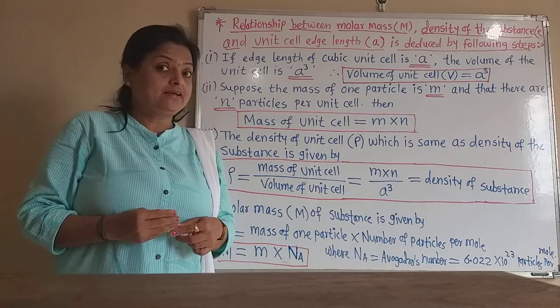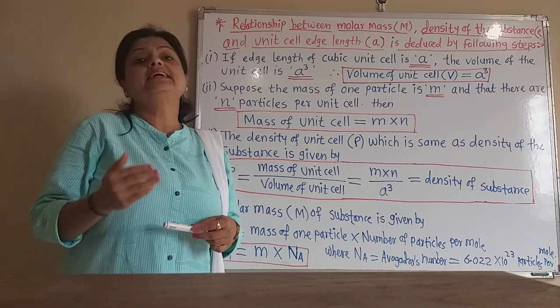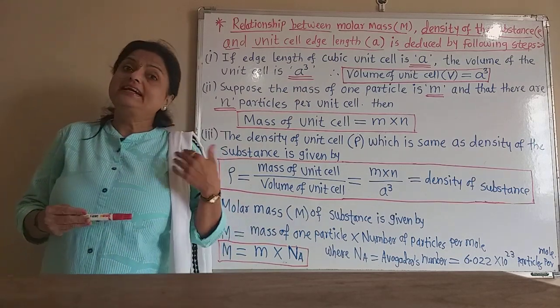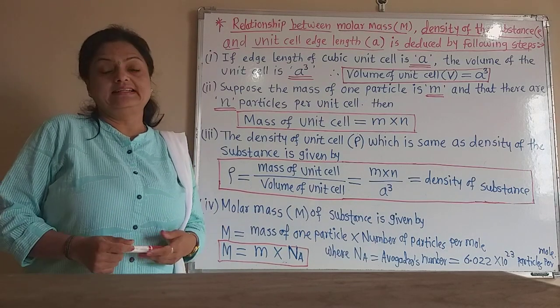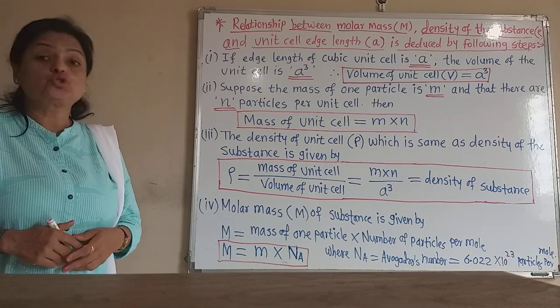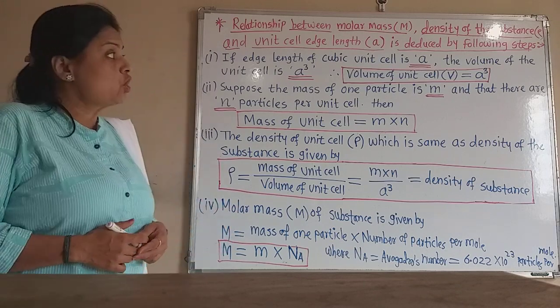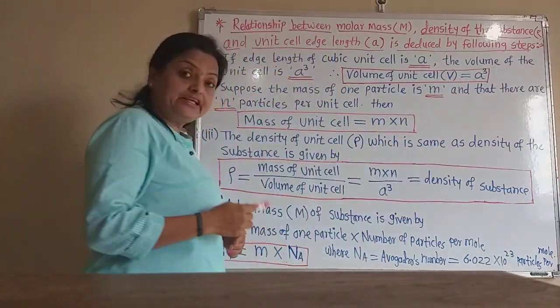But in a cubic unit cell, all these three, the length, breadth and height, are the same, that is a, the edge length. So the volume of the unit cell V is calculated as a cube.